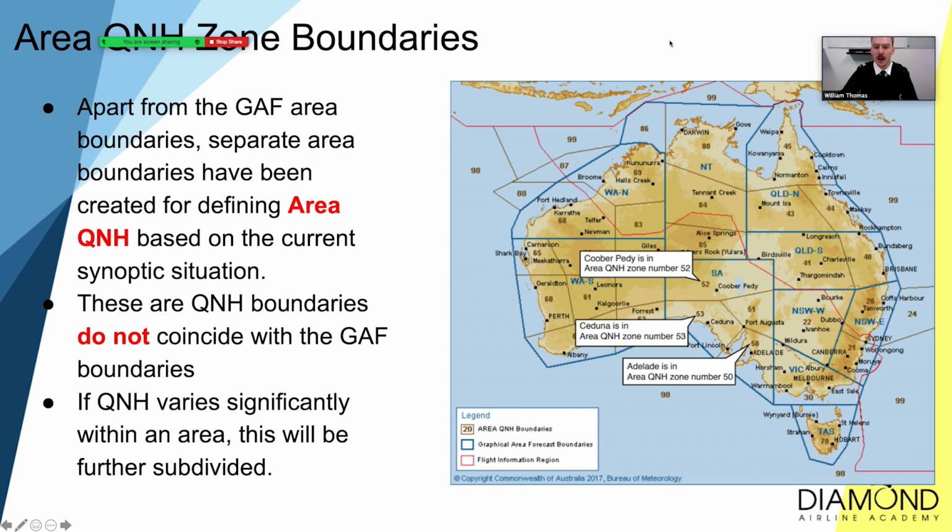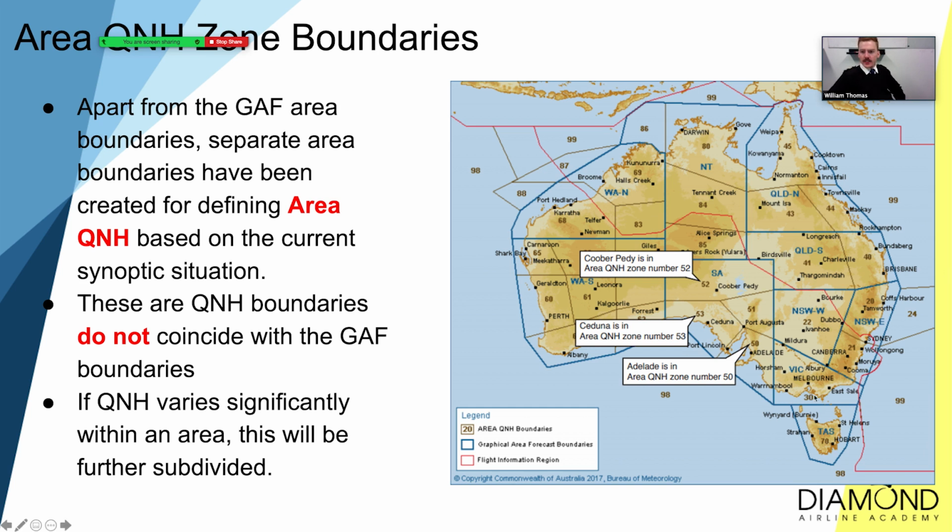All right, so they make their area QNH. Within the area QNH area, the defined region, that area QNH must be within 5 hectopascals of every local QNH within that defined area.